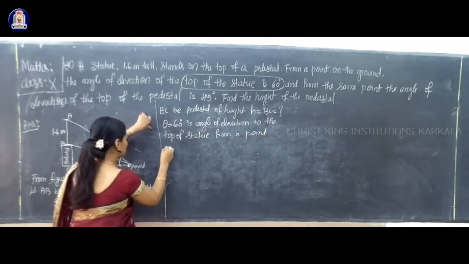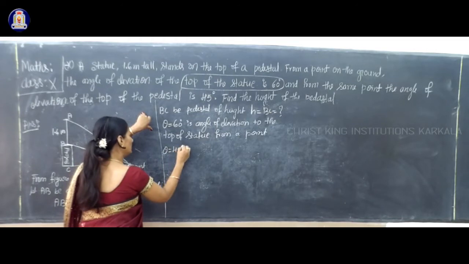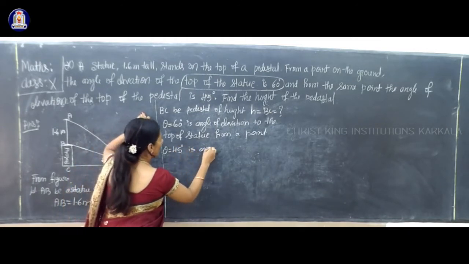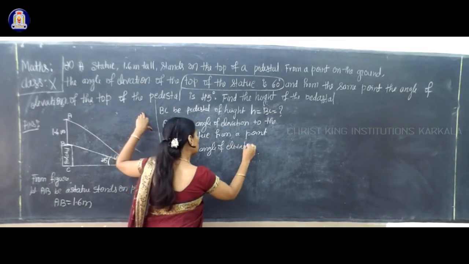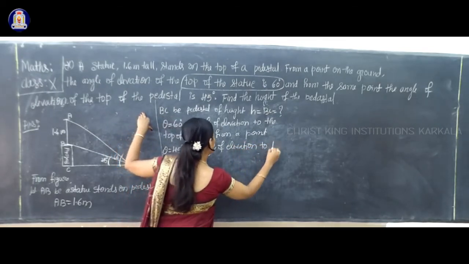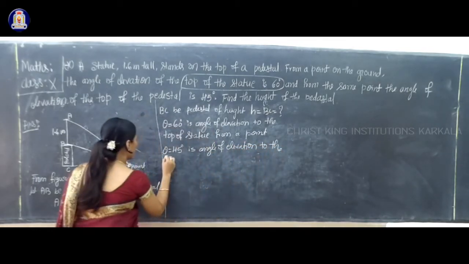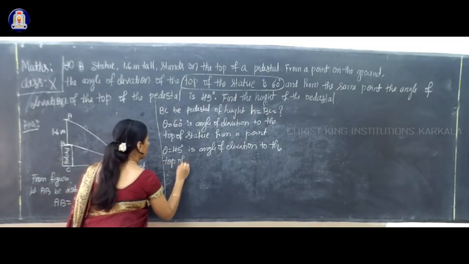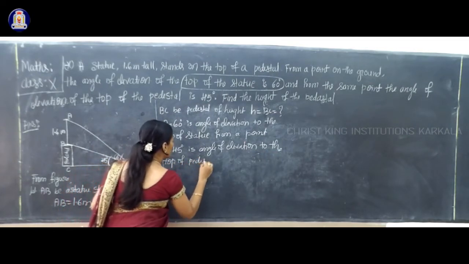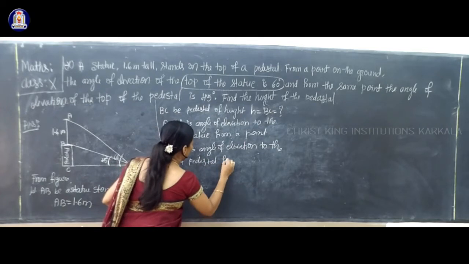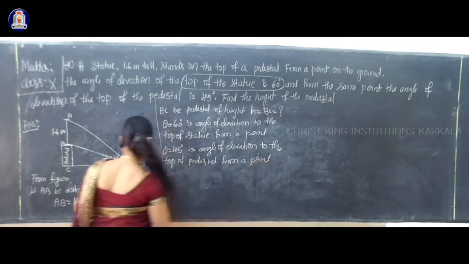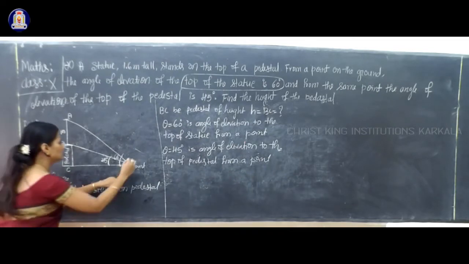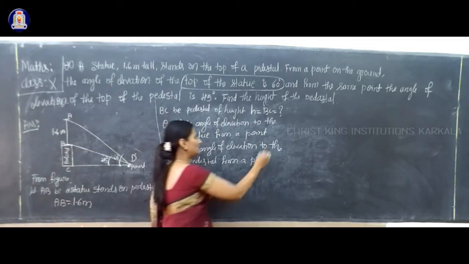Now next, theta is equal to 45 degree is the angle of elevation to the top of the pedestal from a point. Which point did I mark here? A, B, C, D. From a point D.